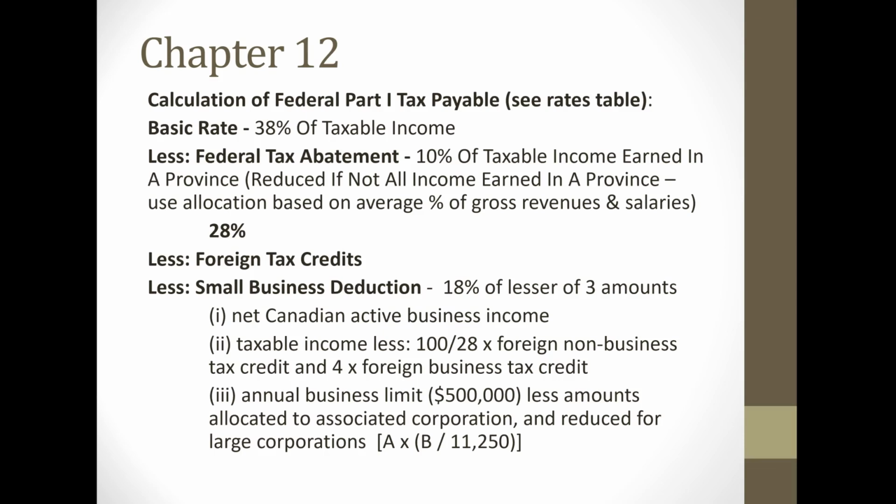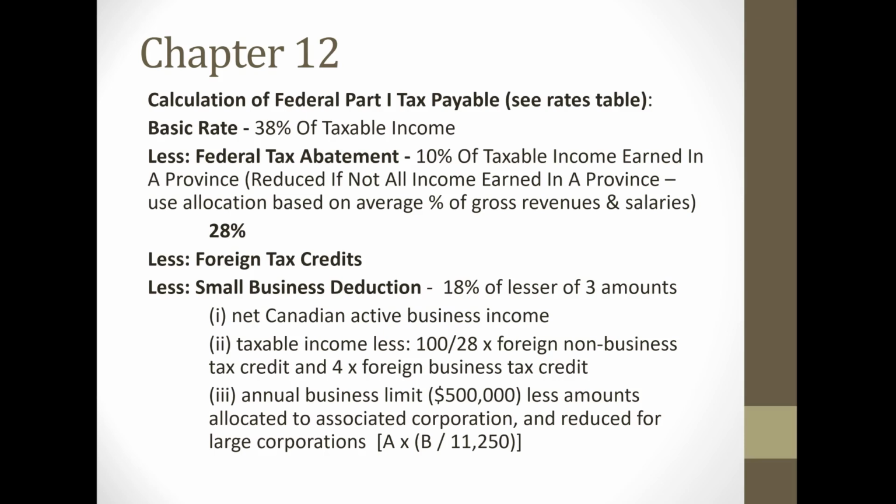We'll talk about what this reduction for large corporations is a little bit later, but CCPCs are given a business limit of $500,000 a year that is eligible for the small business deduction. Now, that $500,000 limit must be shared amongst associated corporations. We're going to see associated corporations in a later chapter. So that would be the annual business limits, the lesser of those three amounts.